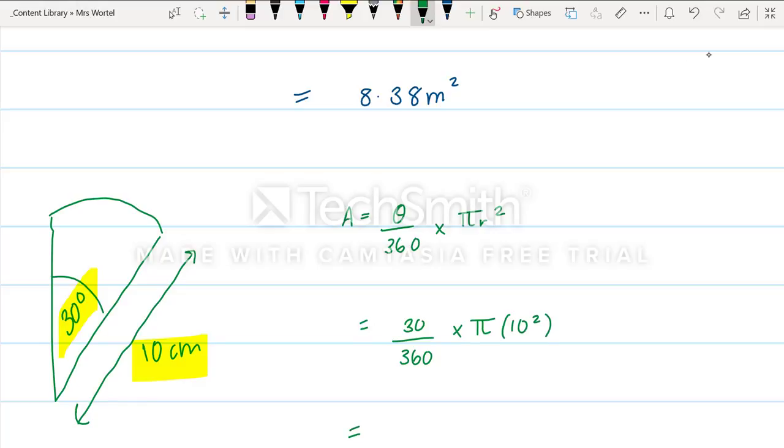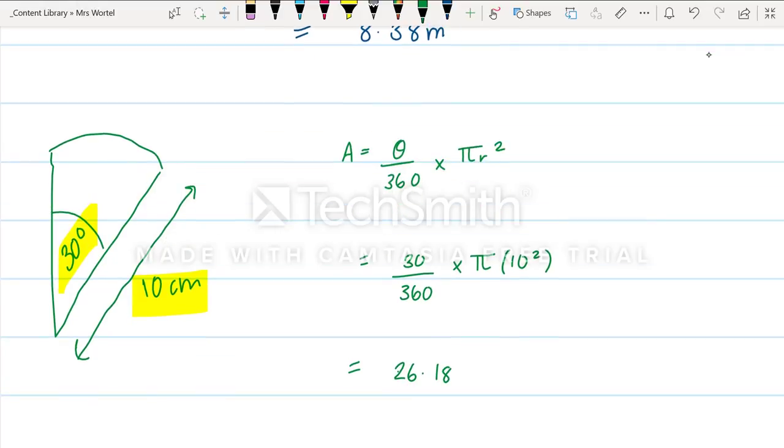And putting that into our calculator, we get 26.18. So just rounding to 2 decimal places there. And my units are centimeters squared. It's still an area, so it's centimeters squared.